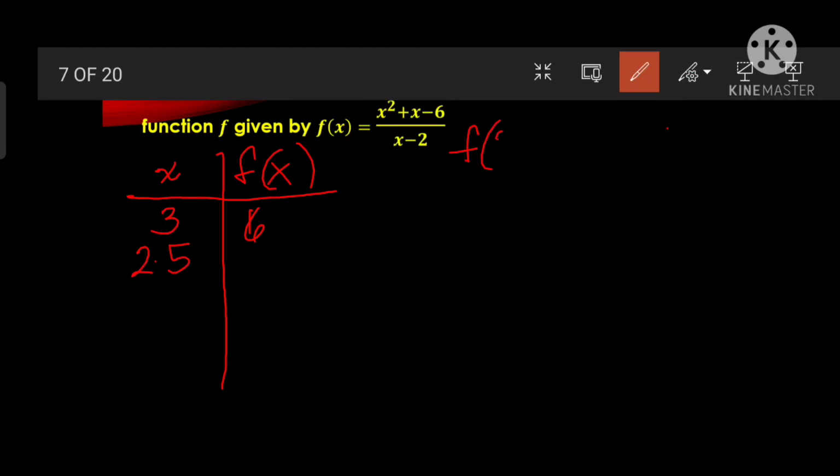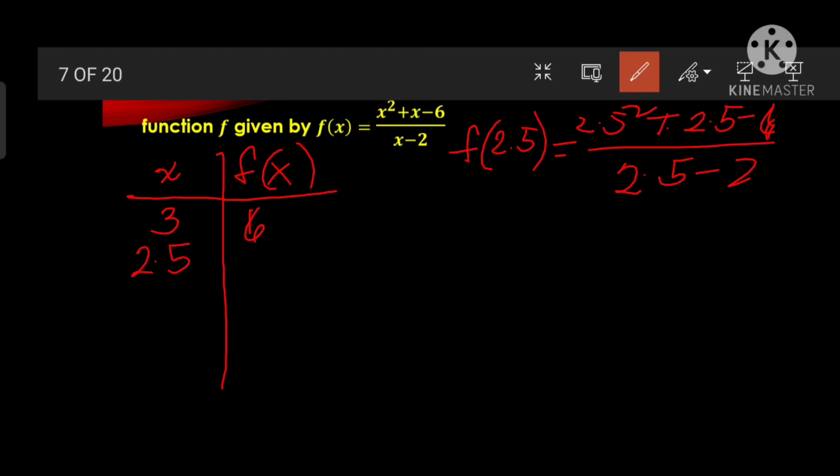So we have 2.5 squared plus 2.5 minus 6 all over 2.5 minus 2. So 2.5 squared is equal to what? 6.25. Am I right?